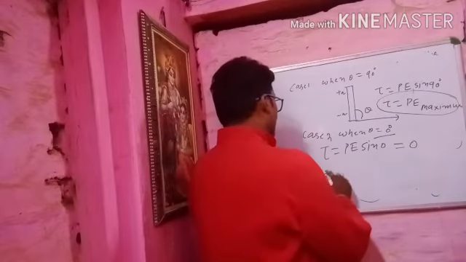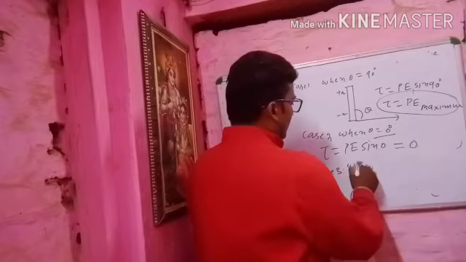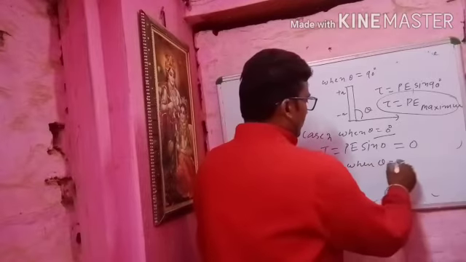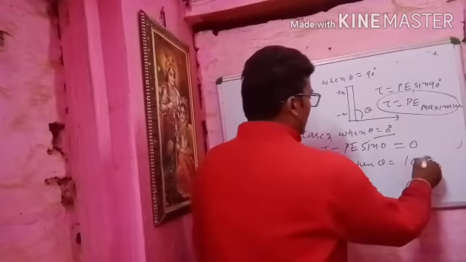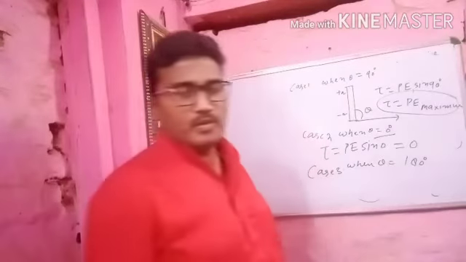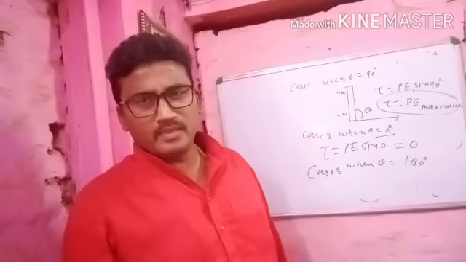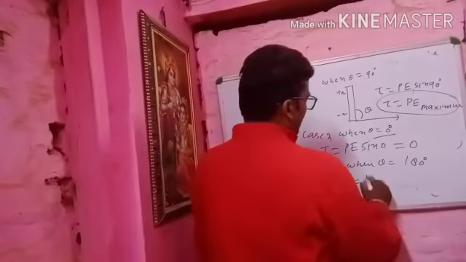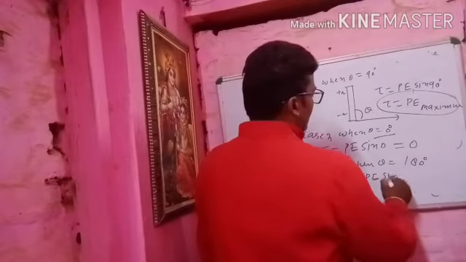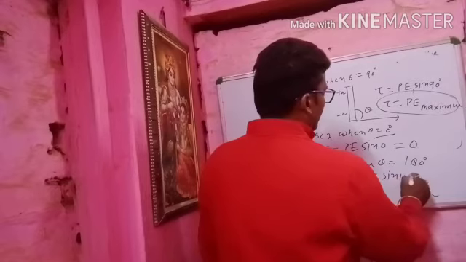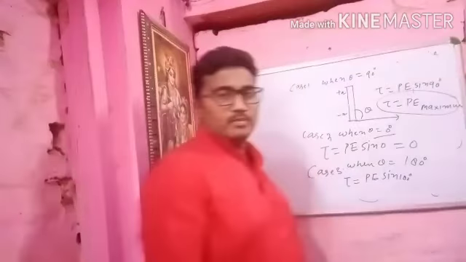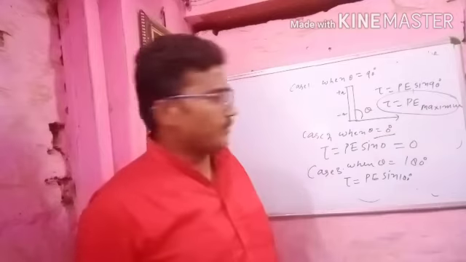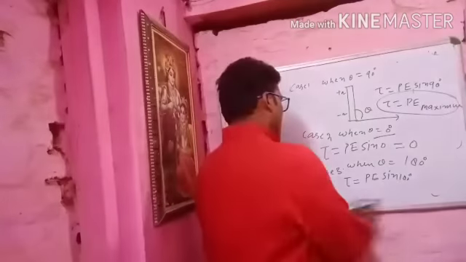In case 3, when theta is equal to 180 degrees, the electric dipole is in the direction opposite to the electric field, and tau is equal to pE sin 180. The value of sin 180 is also 0, therefore the torque is 0.